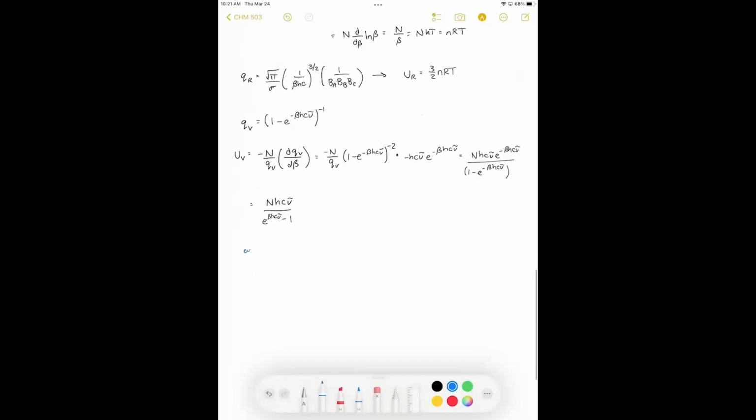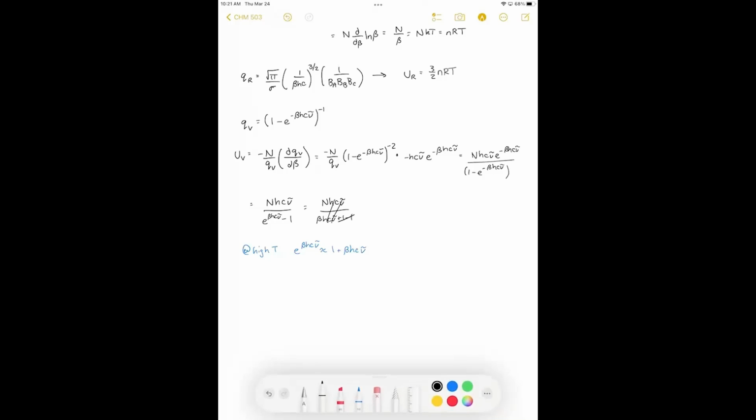So at high T's, e to the beta hc nu is approximately 1 plus beta hc nu. And so what that gets us at high temperature would be n hc nu over beta hc nu, and then we would have plus 1 minus 1, those would cancel out.